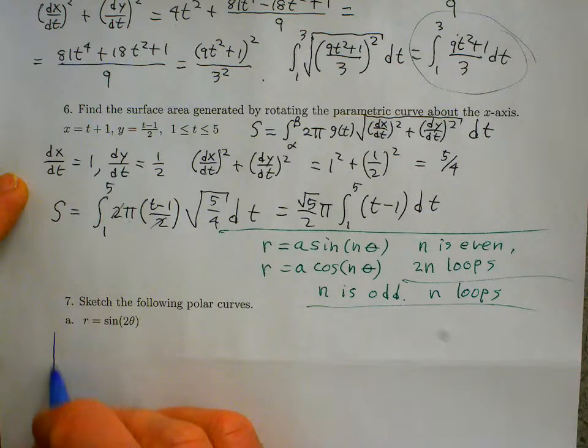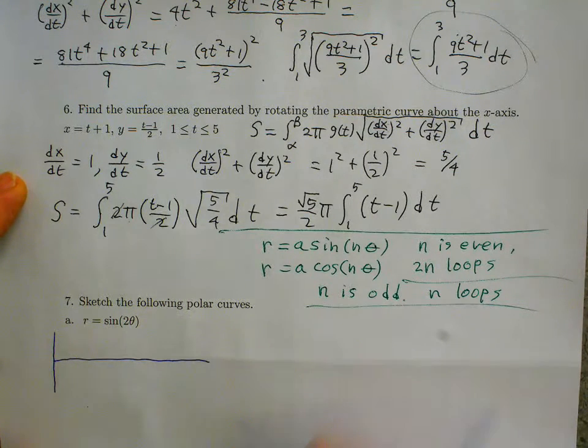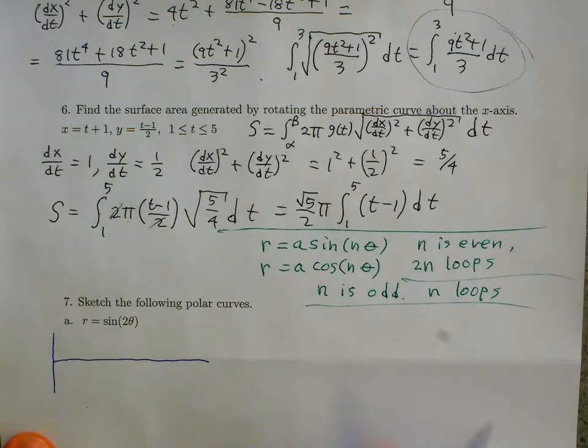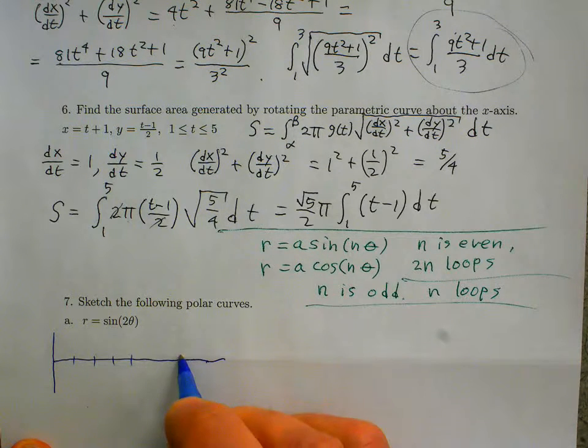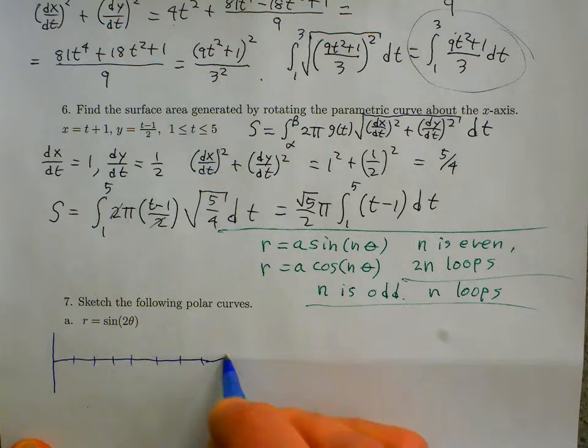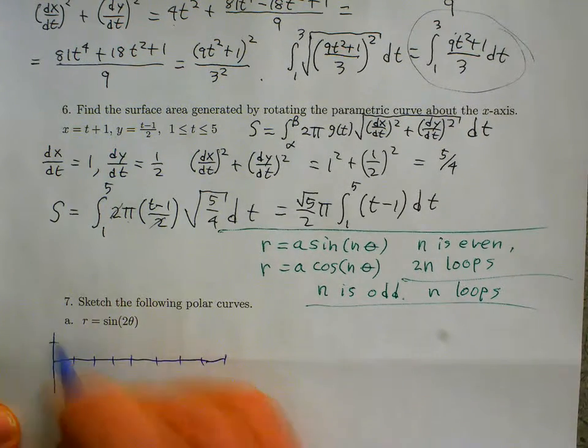So I'll go ahead and try not to write too small, I guess. So 2 periods will occur between 0 and 2 pi. So the length of each subinterval is pi over 4.